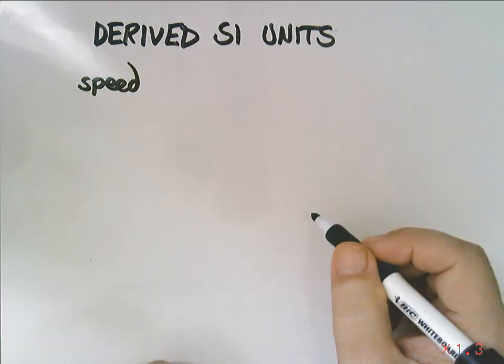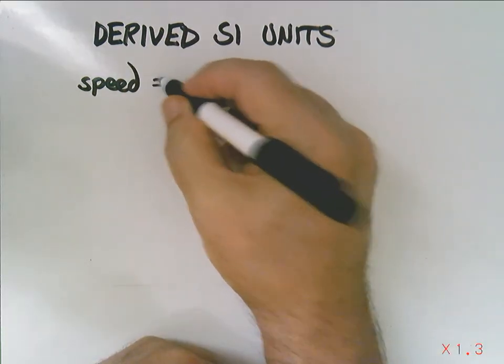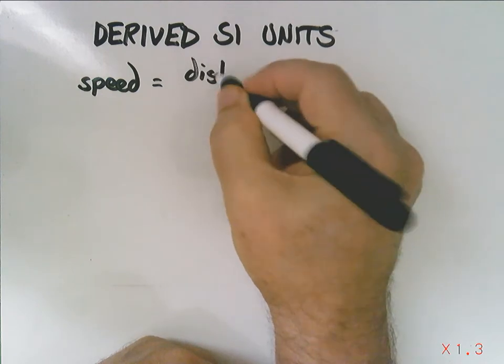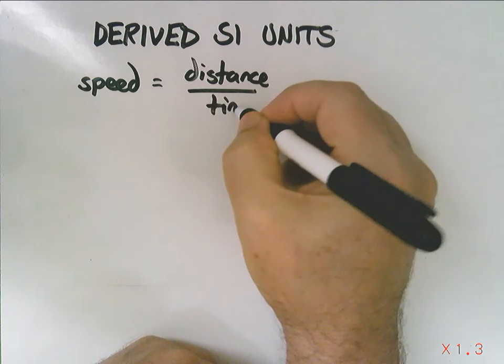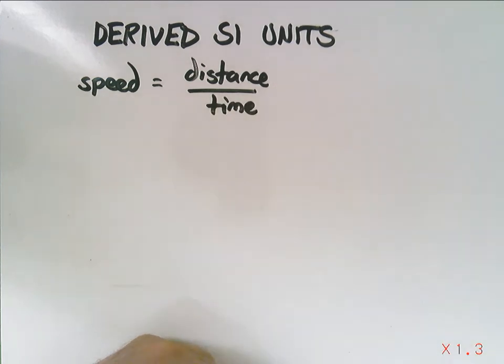Now, speed is defined as distance that you travel over a period of time. You know, units like miles per hour, that's distance in miles per hour that you've traveled, would be a speed.